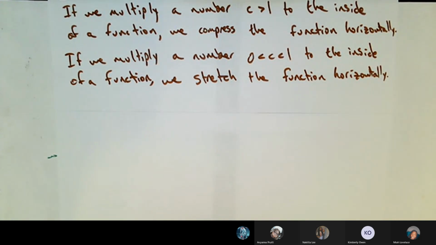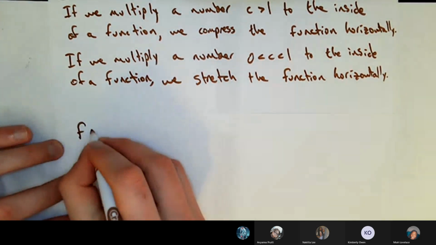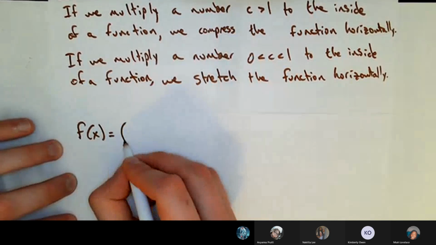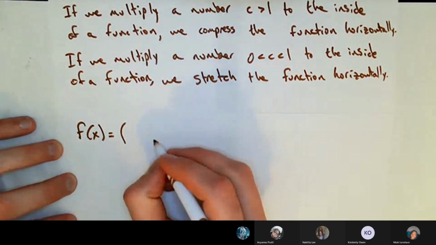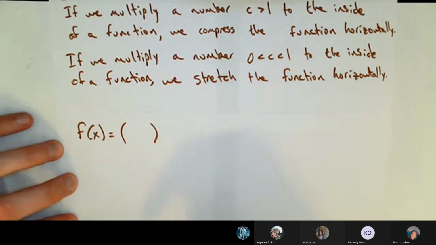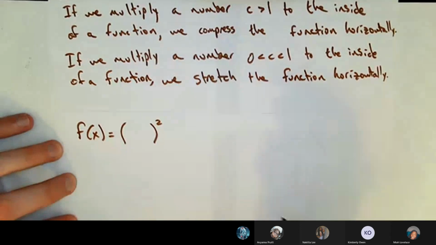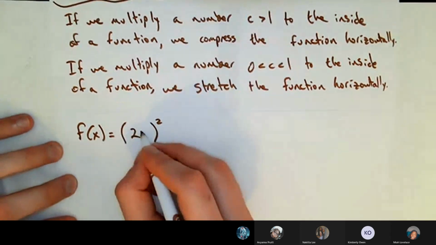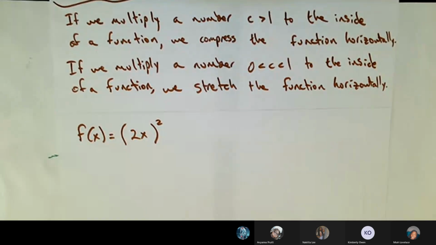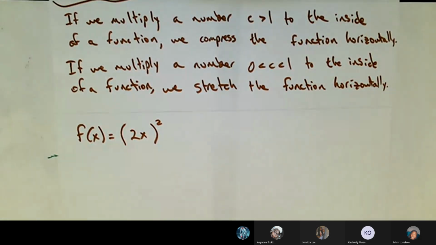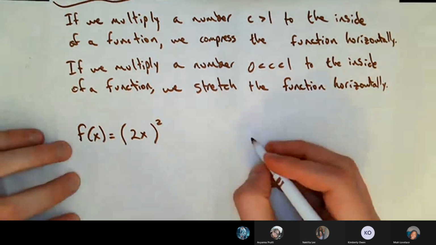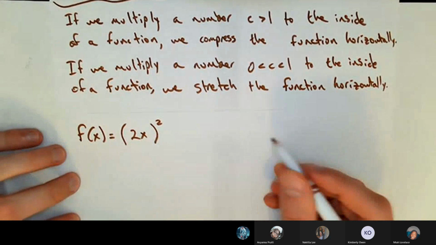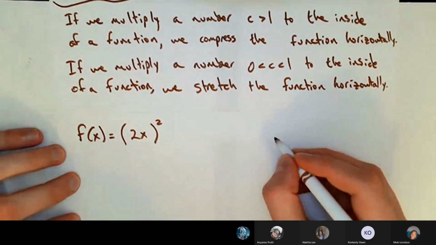So let's consider f of x equals, and I'm using parentheses now because I'm going to be stuffing stuff inside of the function. I'm going to start off with an x squared function, but let me start with a (2x) squared like this. So I've said that this should compress the function horizontally.